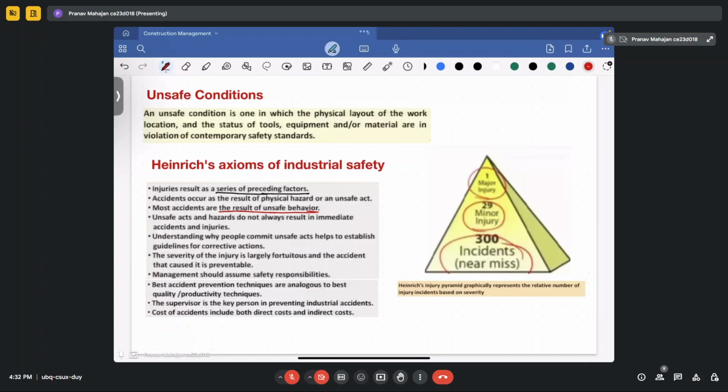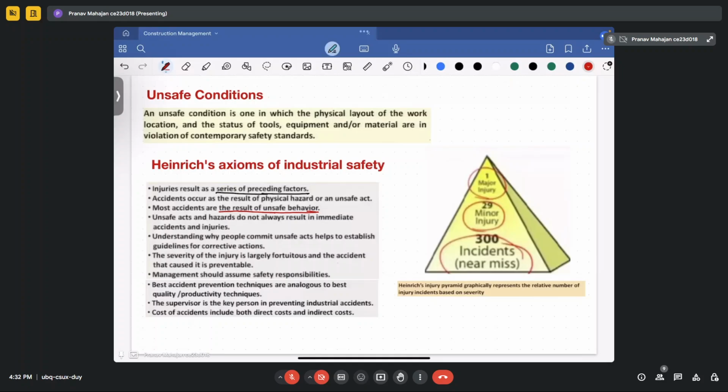The severity of an injury is largely fortuitous, and the accident cause is preventable. So management should assume some safety responsibilities. The best accident prevention techniques are analogous to the best quality or productivity techniques. So the better your accident prevention techniques are, the better the quality or productivity of the work carried out at a particular site can be.